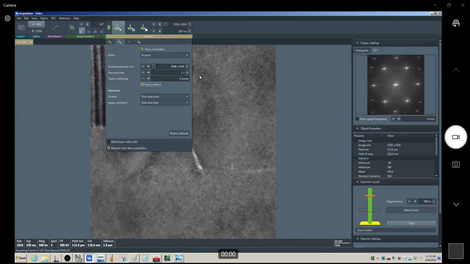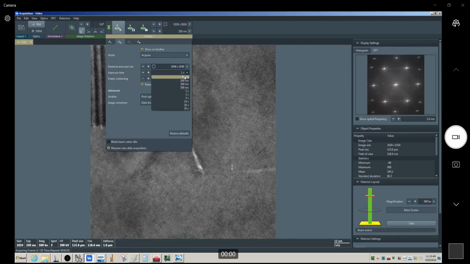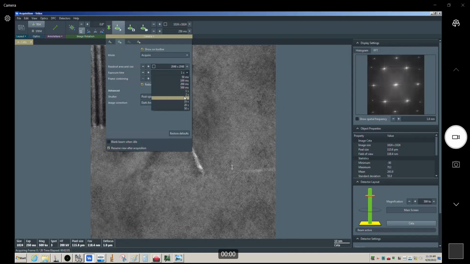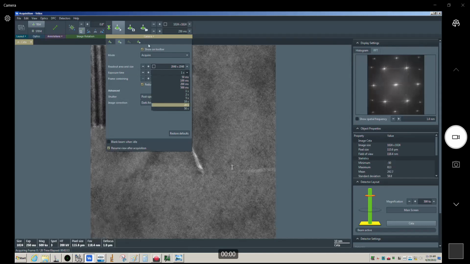You can go up or down from this. I probably wouldn't go up, because you're going to be more susceptible to instability in the picture and drift. That's when it becomes more relevant to do drift corrected frame integration.